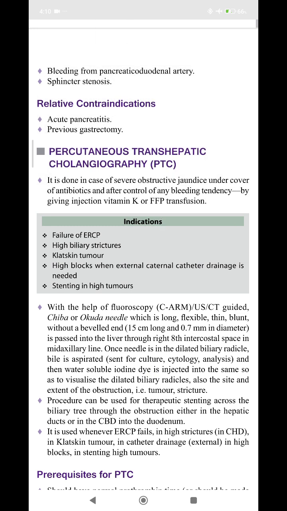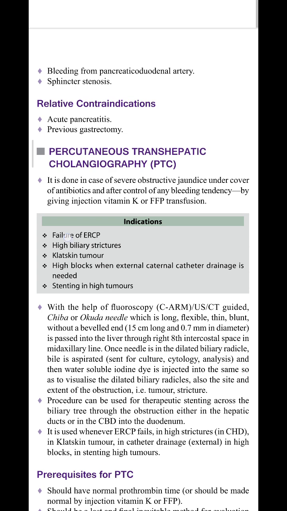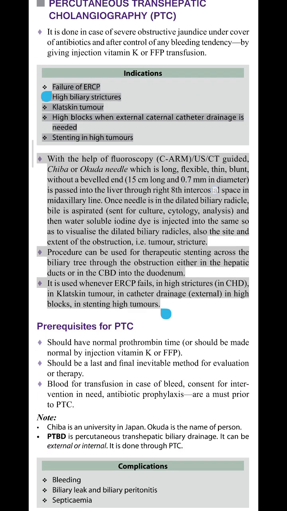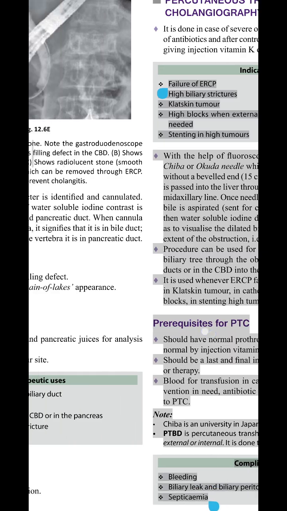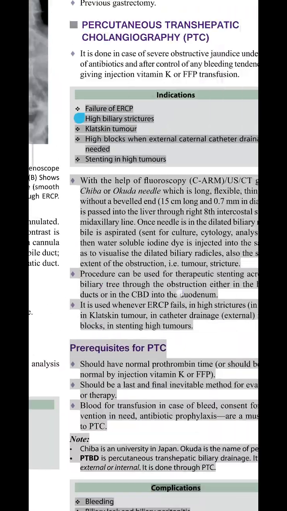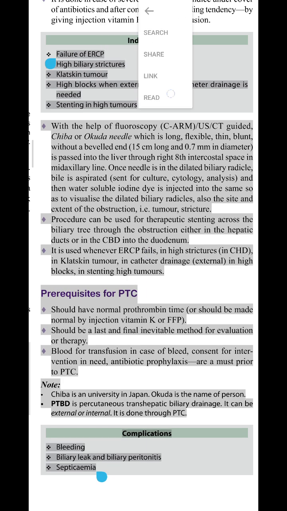Indications: failure of ERCP, high biliary strictures, Klatskin tumor, high blocks when external catheter drainage is needed.